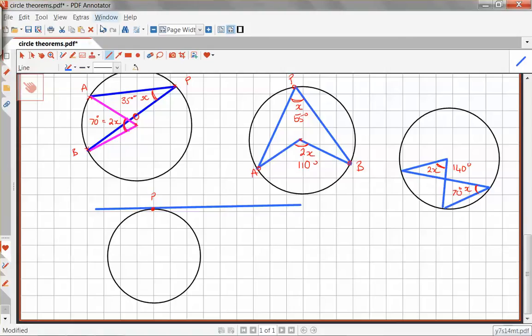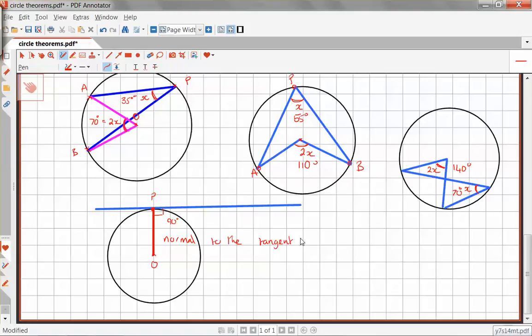And what we then do, if we go from that point with the tangent, and we go from there to the centre of the circle, this angle here is 90 degrees. And this is called the normal to the tangent.